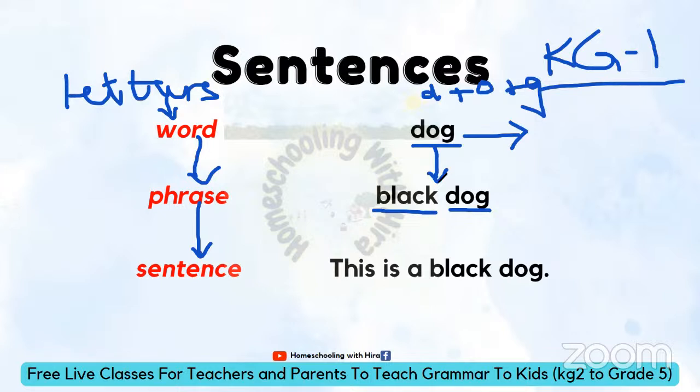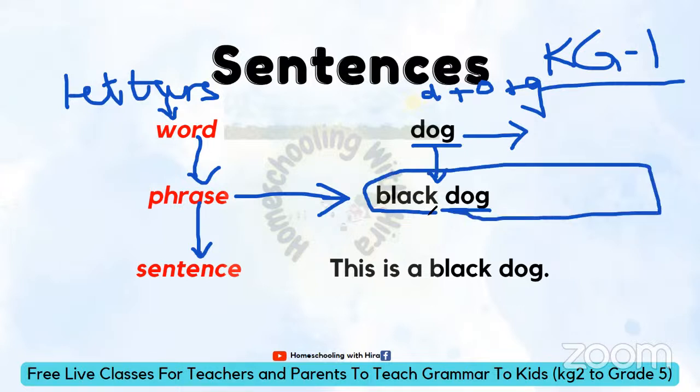So if you have two words together that are not giving you the complete sense, you will call them a phrase. We will be learning each and everything about phrases. This is just a basic thing that I'm telling you. If you have a group of words that are not making complete sense, you will call them a phrase. And phrases, along with some other words, make sentences.